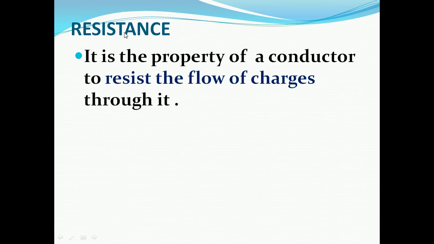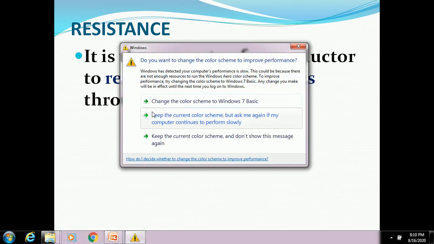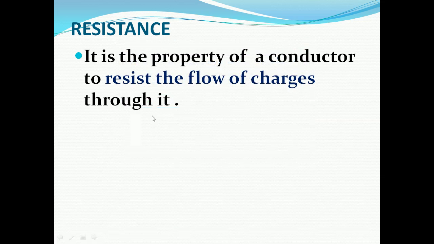It is called resistance. You used to say disease resistance. So if we have resistance to a particular disease, then the disease will not affect us. In the same way, resistance is the property of a conductor to resist the flow of charges through it.